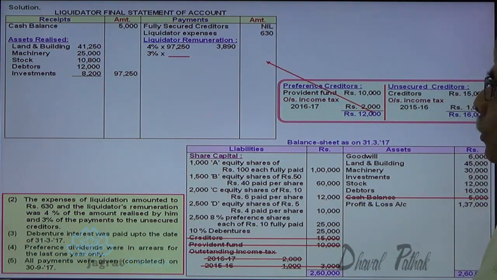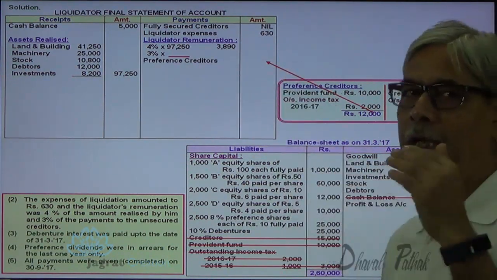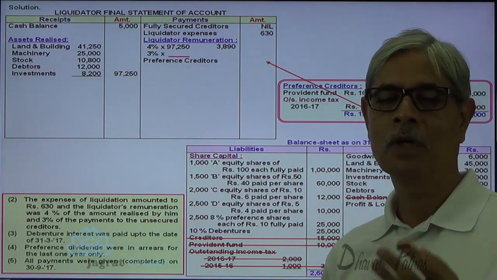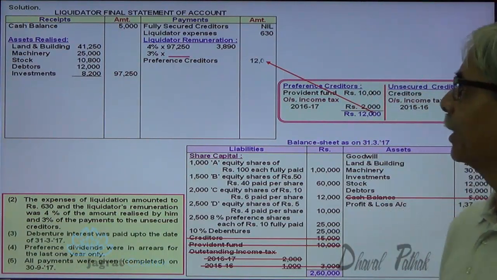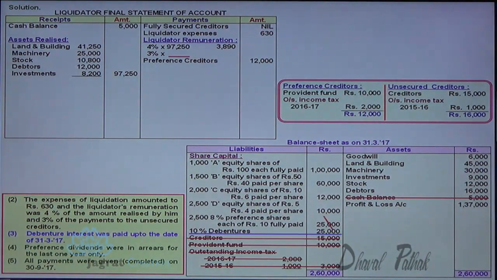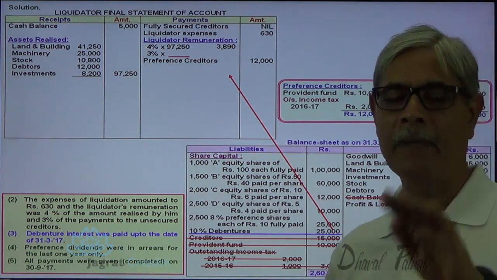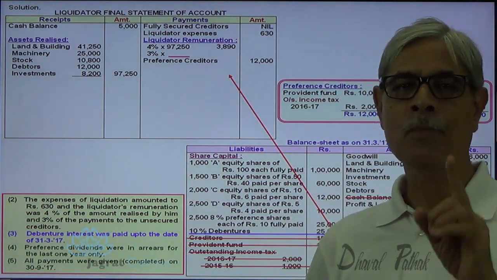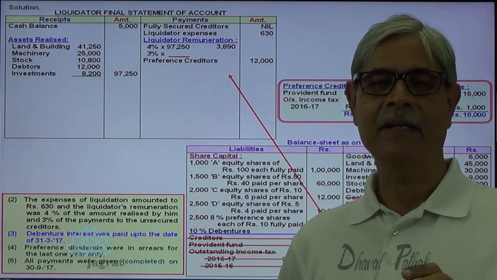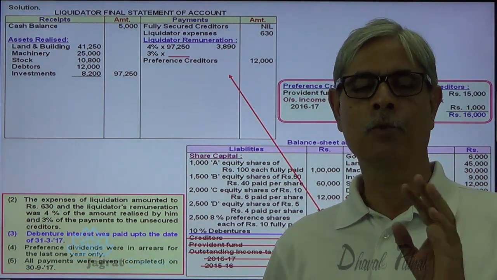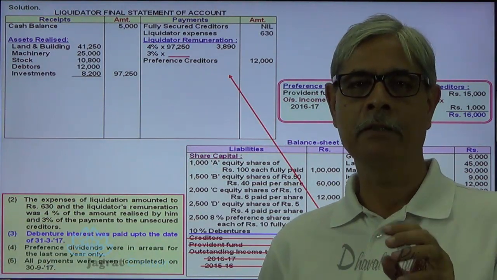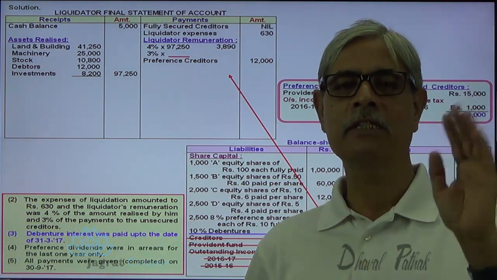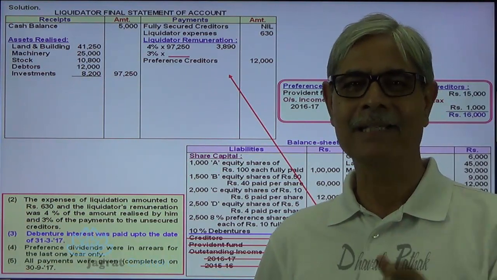Now I am required to pay preferential creditors in priority to unsecured creditors. It means the first payment is to be made to preferential creditors, then you can make a payment to the unsecured creditors. But remember, unsecured creditors hold no security over the assets of the company, while debenture holders generally hold a floating charge over all the assets of the company.